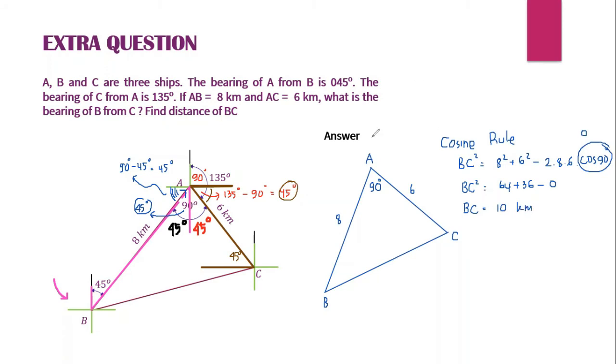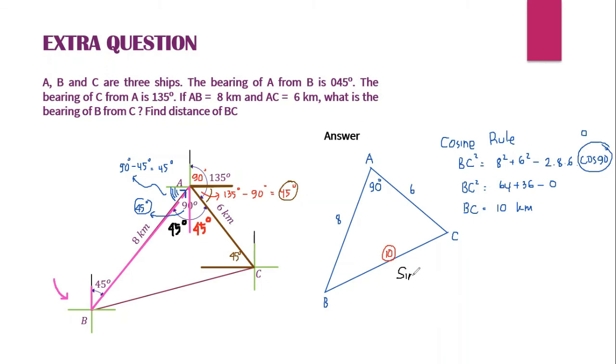Okay, students, we got it. Look here, 10. This is the new distance for BC. And then we are going to find another angle here. Now we're going to start by using the sine rule.